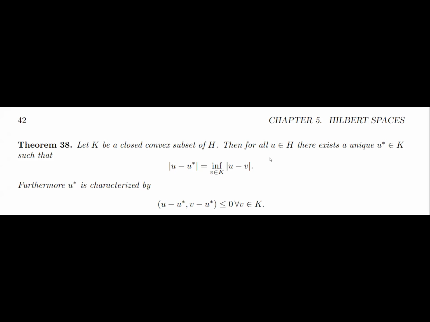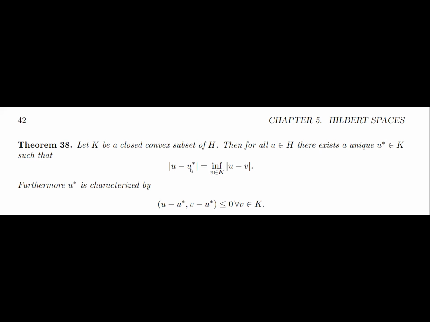We will draw it after, but it says that for all u in H, you have some u star in K. So in fact, this inf is a minimum. The distance between u and u star minimizes the distance between u and v for all v.